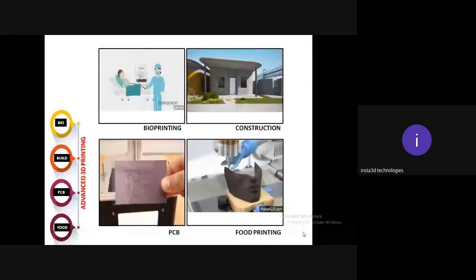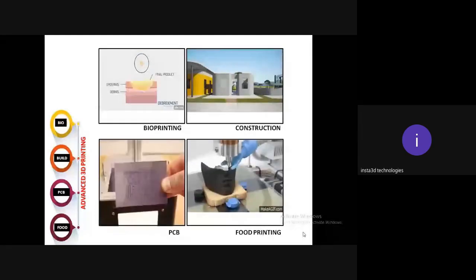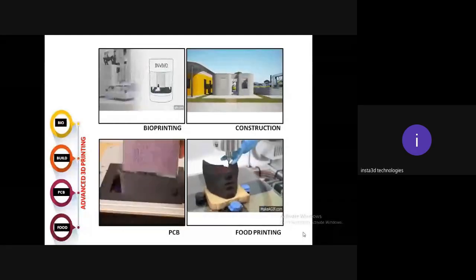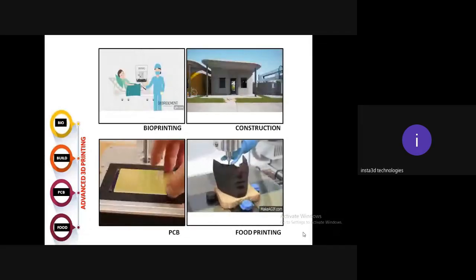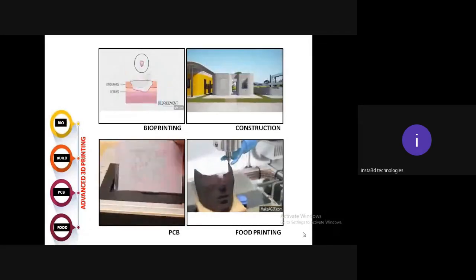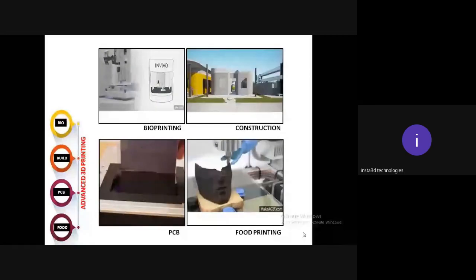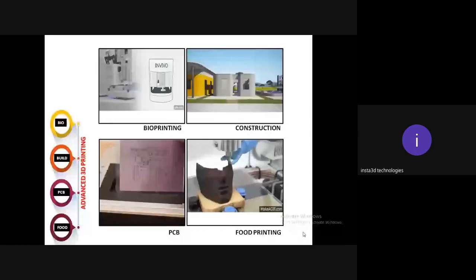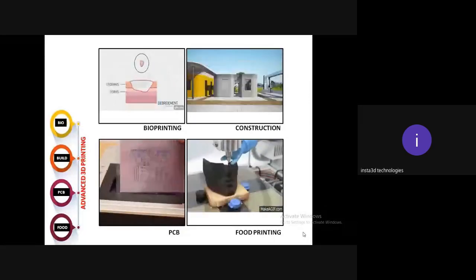And the second one is 3D printing in the field of construction, and it is already implemented. In China, they have made houses and hospitals, houses they are making within a day of time. Within a day, they are making a house with the use of a 3D printer. And during the COVID situation in China, they built a hospital within 14 days.